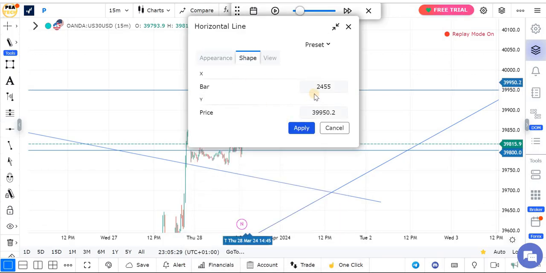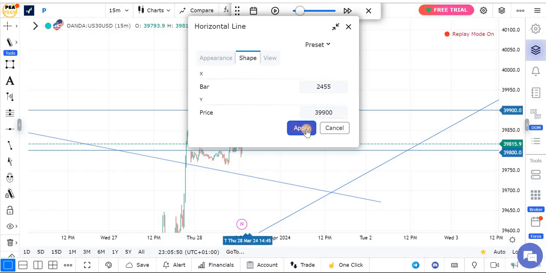The first one was 39800, so if you add 200 to it, this one is 200. So here will be 40000, like this. 40.